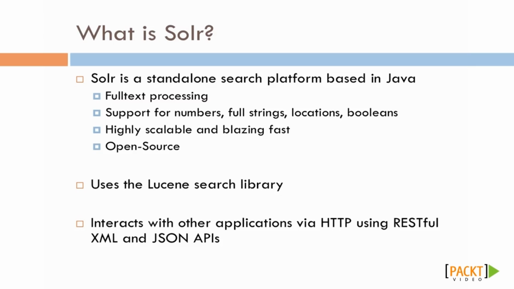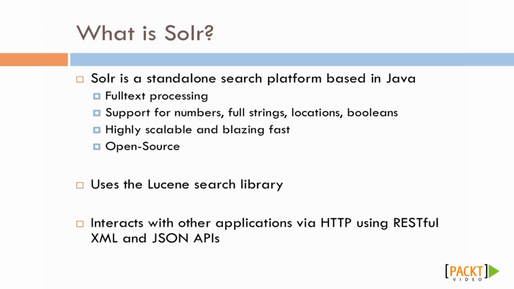It's highly scalable both vertically as well as horizontally, which means that you can do replication as well as sharding. And it's blazing fast because it's a long-term project with a lot of great optimizations and fantastic performance. It's also run through the Java virtual machine, which gives you additional options for things like memory management and CPU consumption. As an open source project, you can actually make changes to the Solr library code and rebuild it if it's not suiting your needs as is.